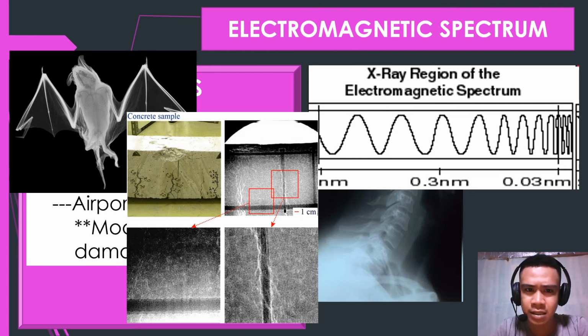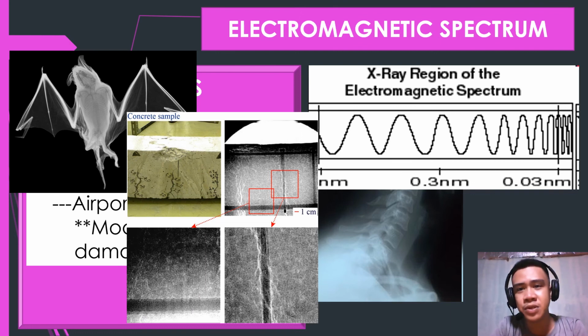X-rays are also used by engineers to check for tiny cracks in structures. How does it go? The rays pass through the cracks and the cracks appear dark on film. So that is how it goes.